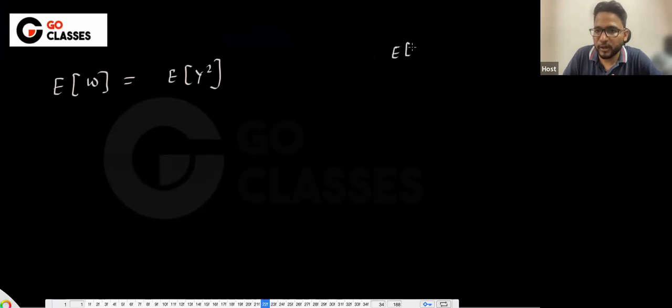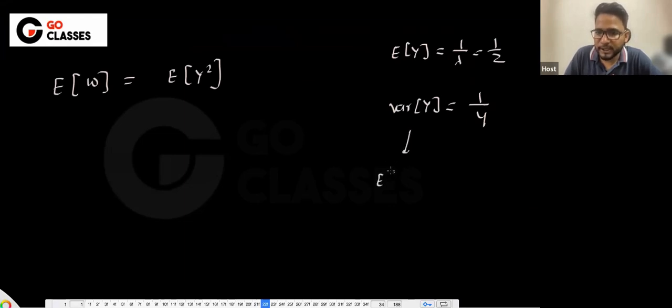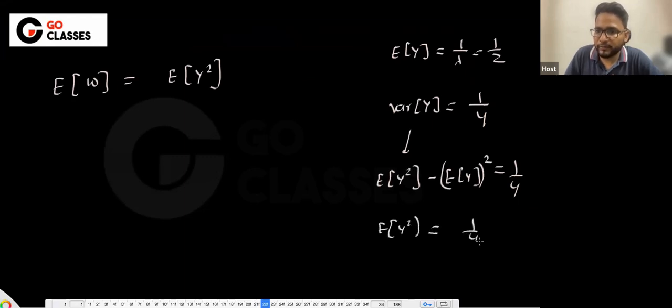So expectation of Y is given to be 1 upon lambda, which is 1 by 2. That's why the variance of Y is also given to us, which is 1 by 4. Now, we know this is expectation of Y square minus expectation of Y whole square equal to 1 by 4. That is given to us, which means expectation of Y square, if you want to calculate, will be 1 by 4 plus expectation of Y whole square, which means 1 by 4.